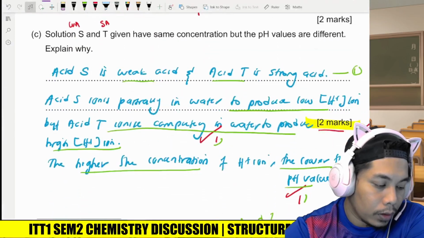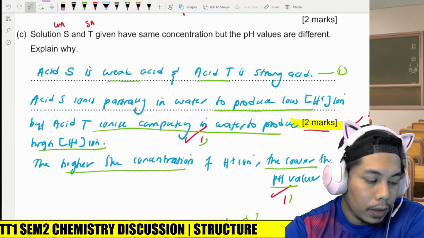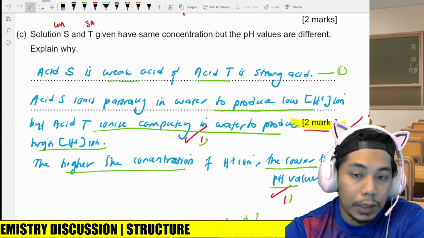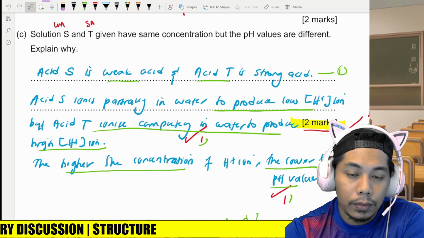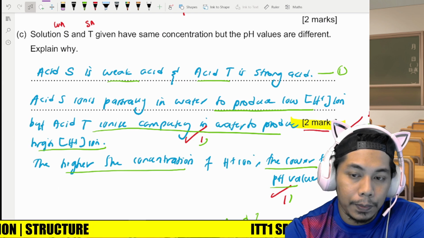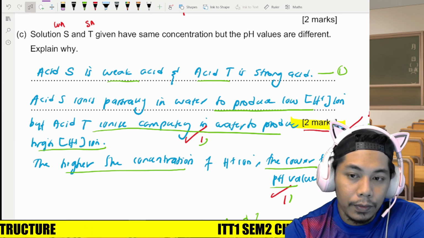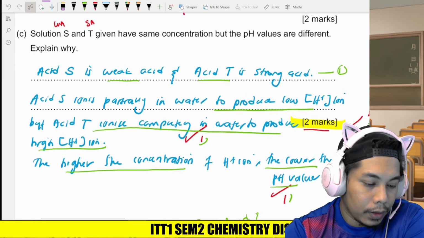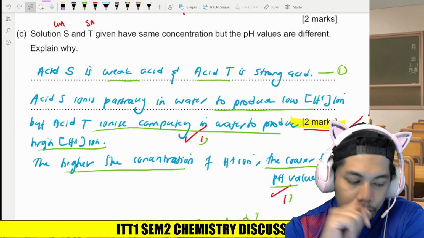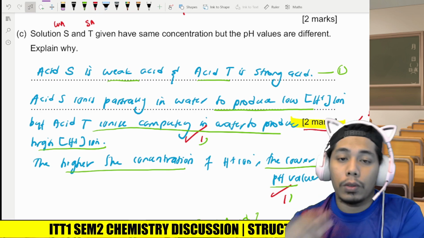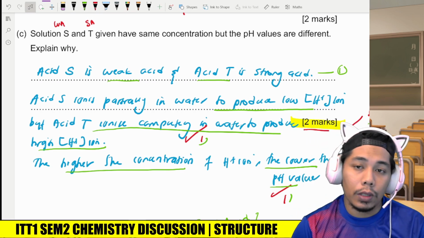Dan yang seterusnya soalan S and T. Okay, given have the same concentration but the pH value are different. Alright. So kenapa different pH value? Jangan jawab satu monoprotic, satu diprotic.